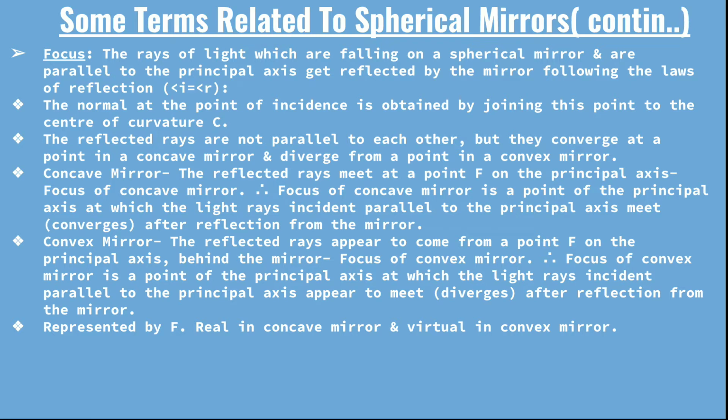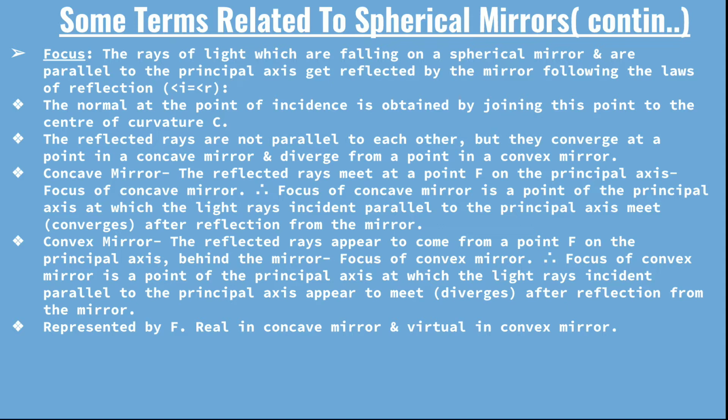The rays of light which are falling on the spherical mirror, parallel to the principal axis, get reflected by the mirror. Now, the normal at the point of incidence is obtained by joining this point to the center of curvature.